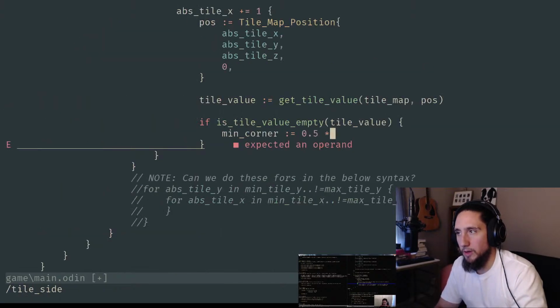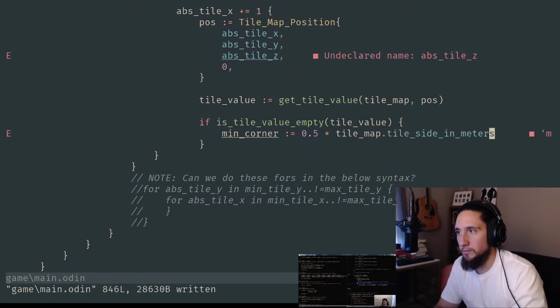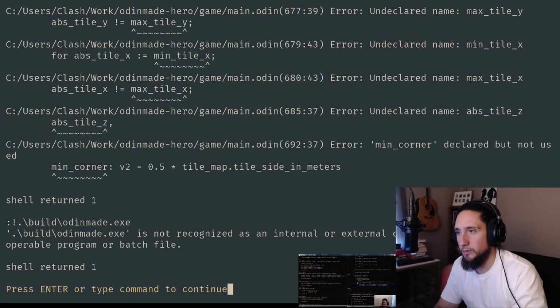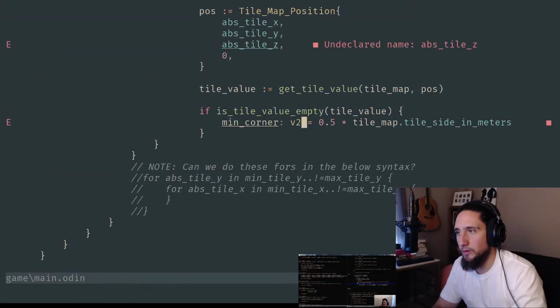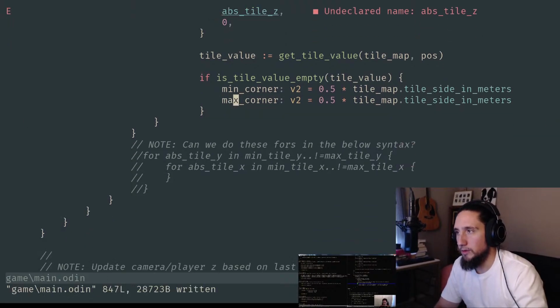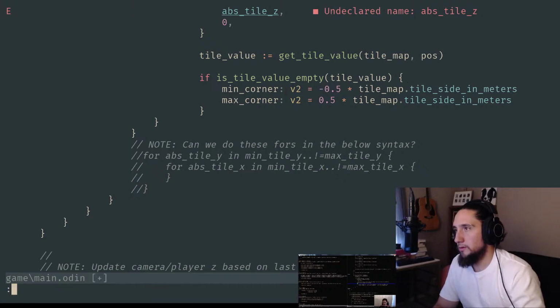Oh, it's on the tile map. So I can do this again to splat it into both values, I think. Of course, it's still complaining about something. I think, oh, because we're not using it. That's fine. And this should be negative.